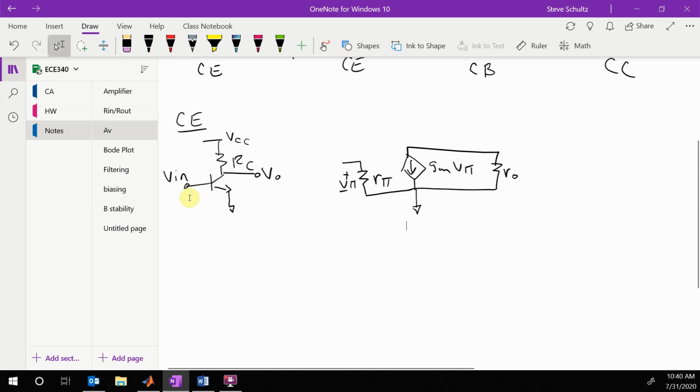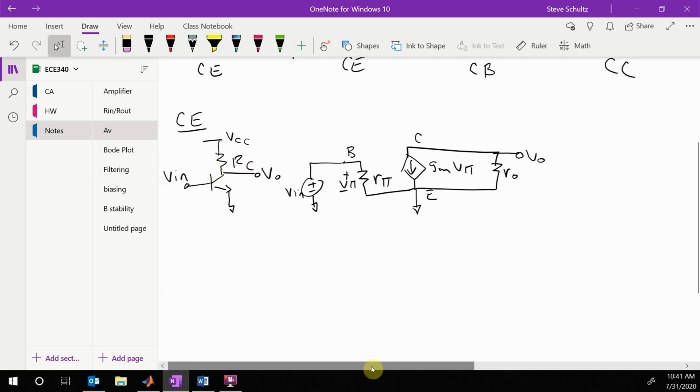Over here is our base, and we put our input source there. Okay, and then over here we have our output. And then we have a resistor that goes up to a DC voltage source.